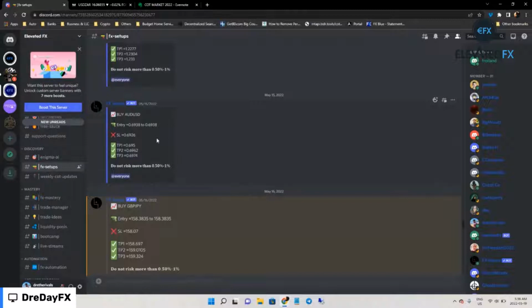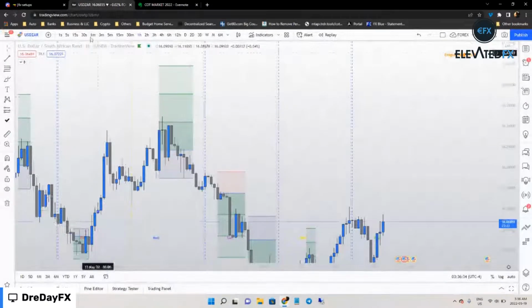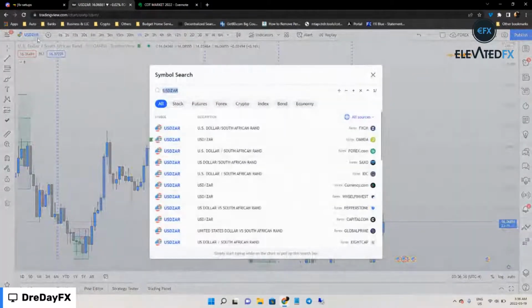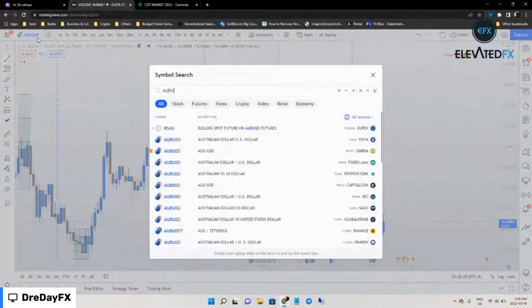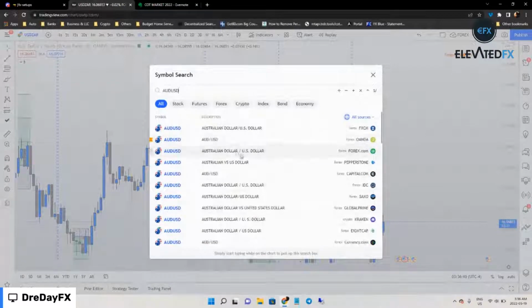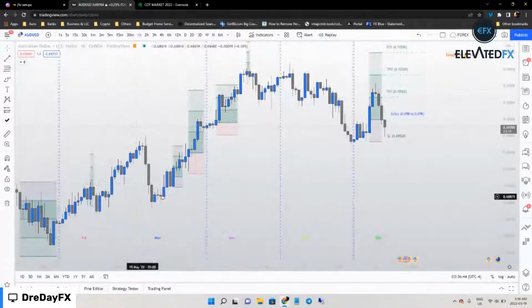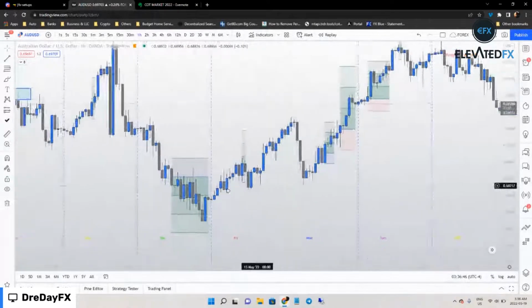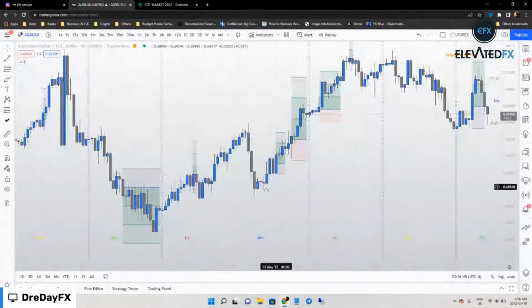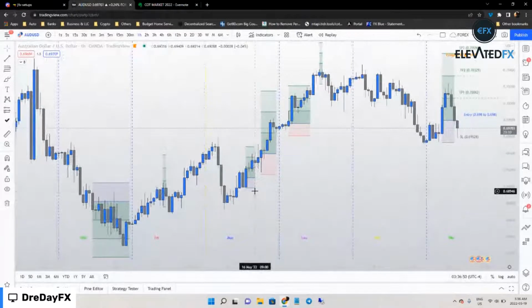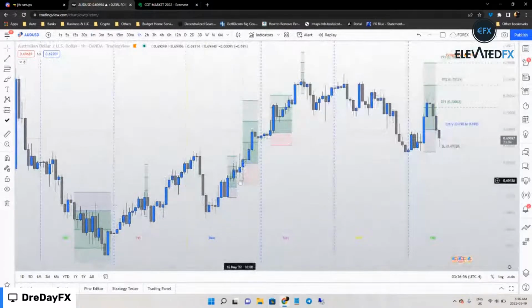So this one I wouldn't take it, but if we look at the signal setup on the 15th, it says 16th, but basically it's the 15th here, based on the time frame.